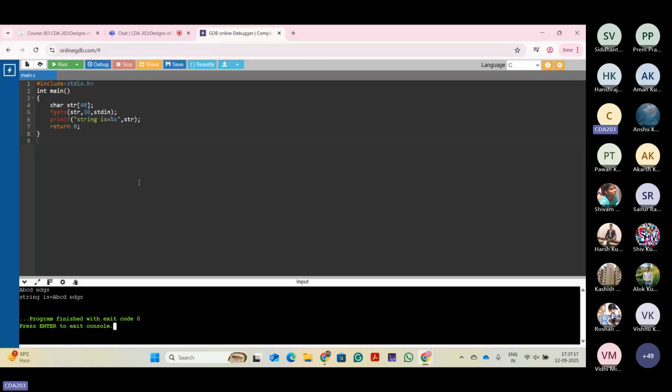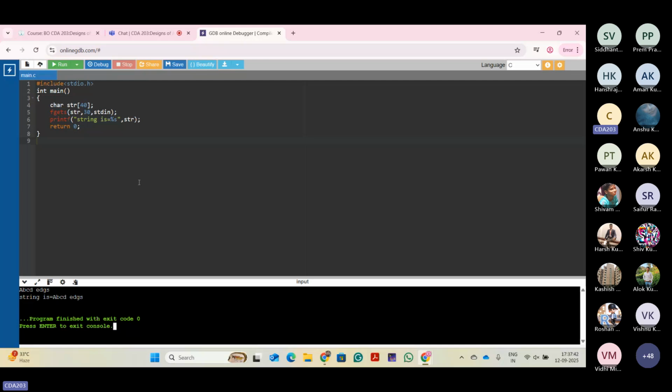Okay, fine. So these are the differences. That's why we are using gets and fgets. Sorry, there is also gets, but fgets is better. Just mention the maximum length of the string you want, and it will give you that.